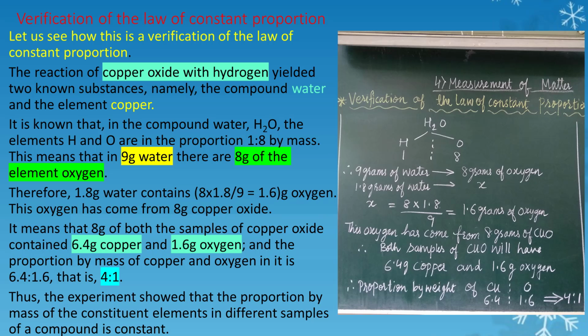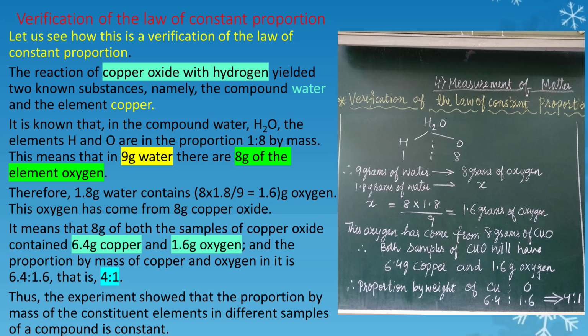It is known that in the compound water, H2O, the elements hydrogen and oxygen are in the proportion 1:8 by weight. This means that in 9 grams of water there are 8 grams of the element oxygen.